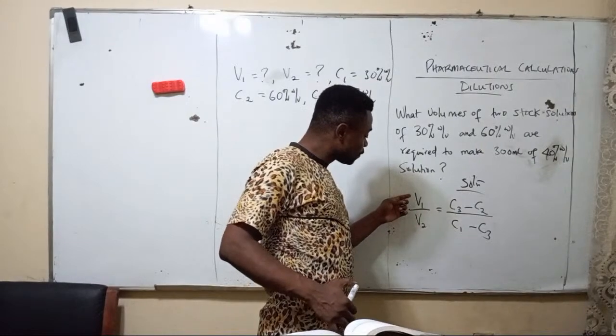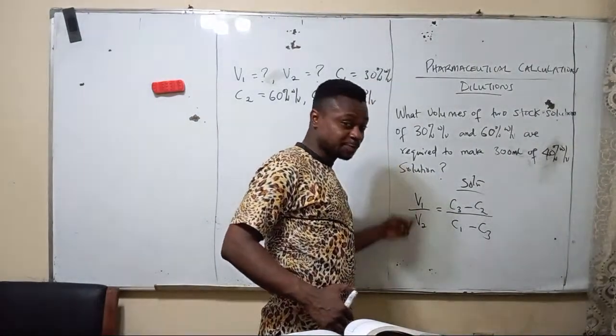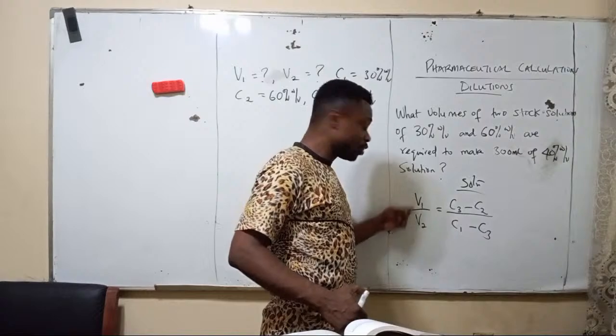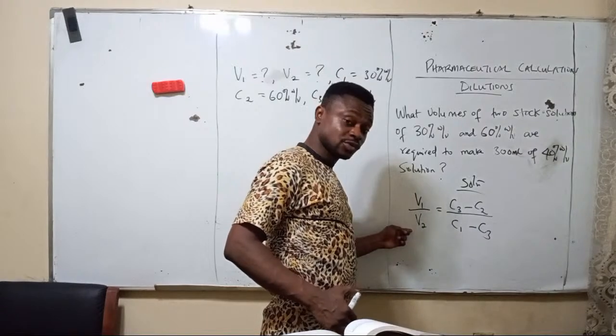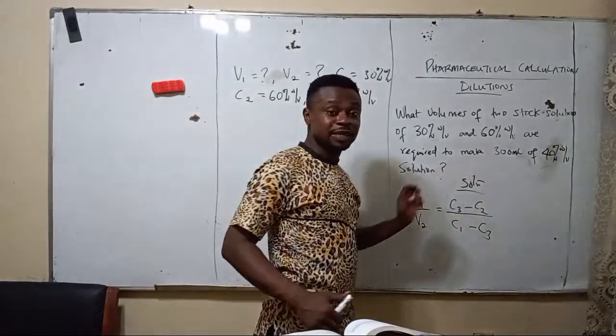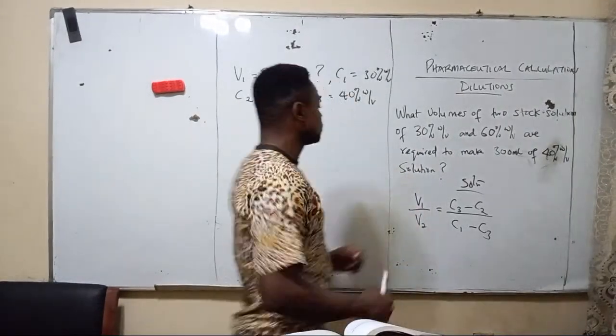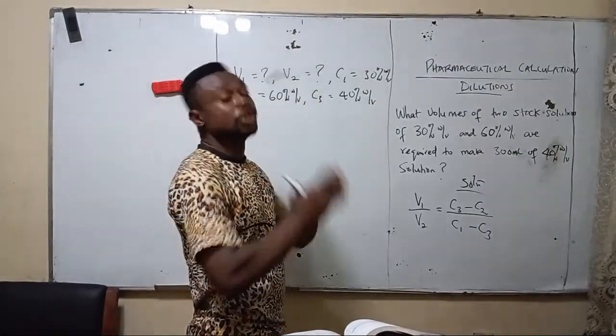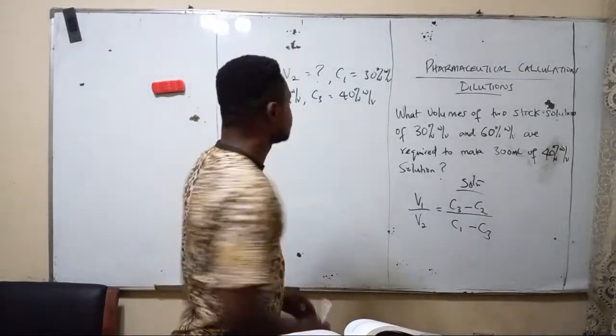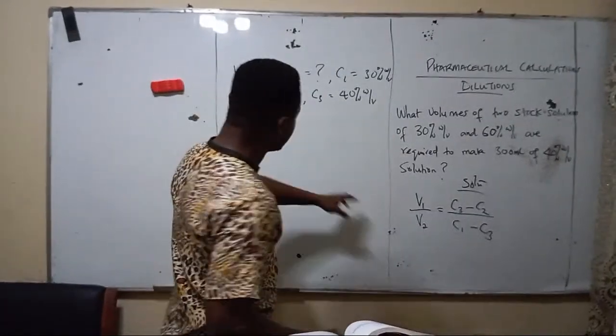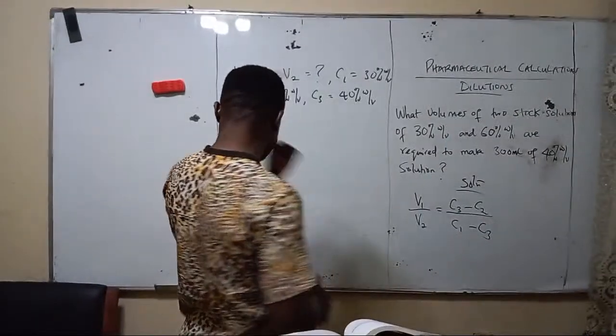If we solve for V1 and V2 as a ratio of V1 to V2, we then use this 300 ml to find the respective values of V1 and V2, because if you combine V1 and V2, it should give you 300 ml. So let's use this formula to find the ratio of V1 to V2.